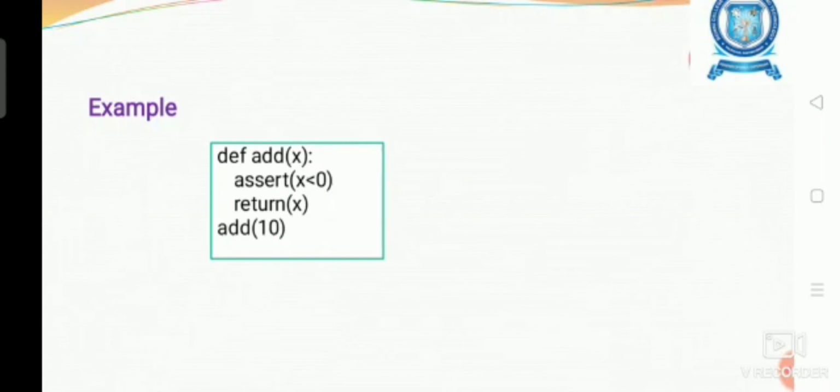Here inside the function, the assert statement is used to check the value of x, whether a valid value is passed to x or not. Only after checking the validity, the correctness of the value x, is it allowed to do the further operations with x.